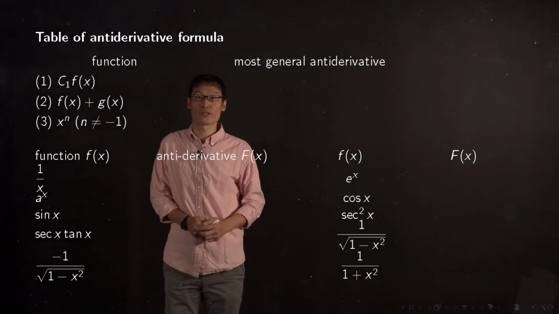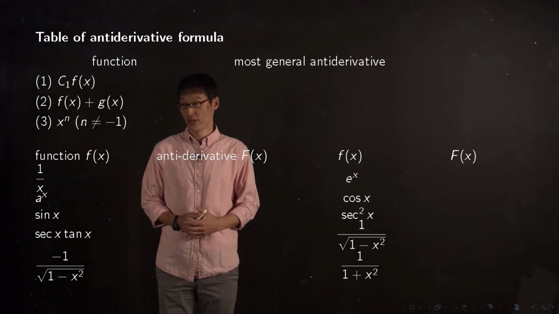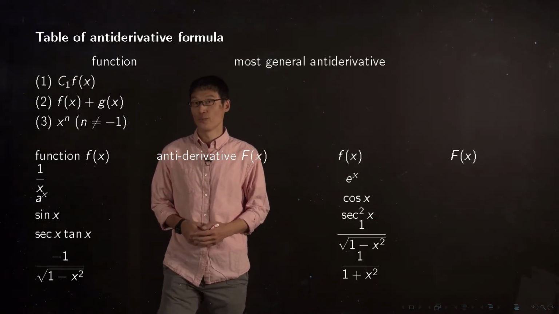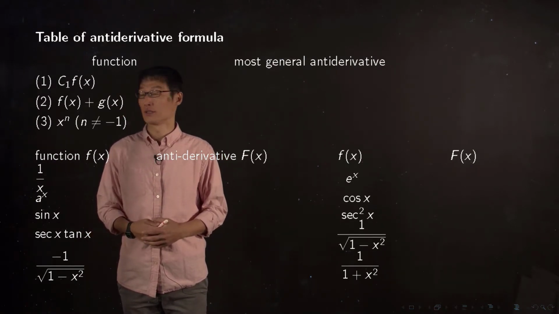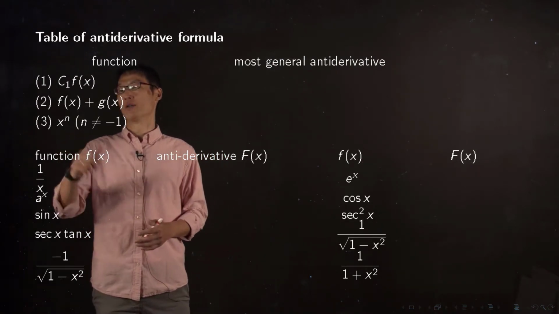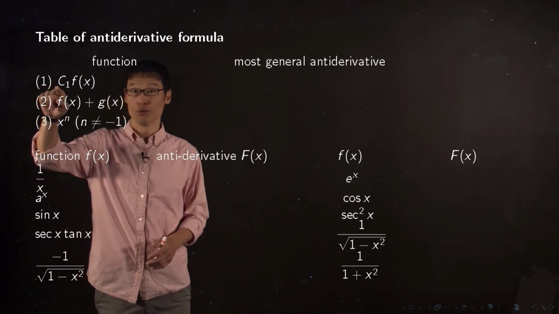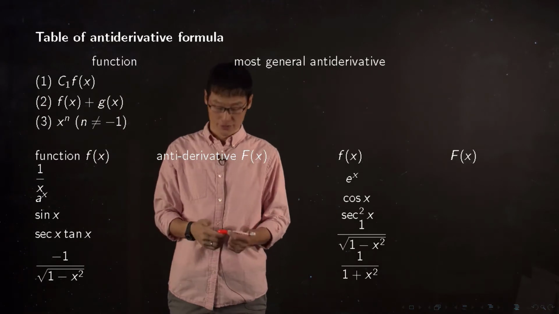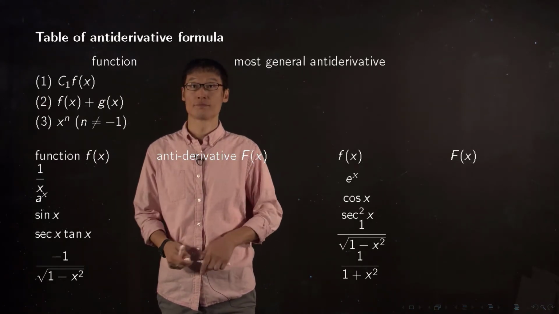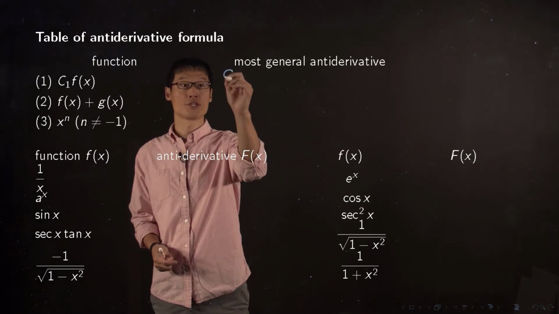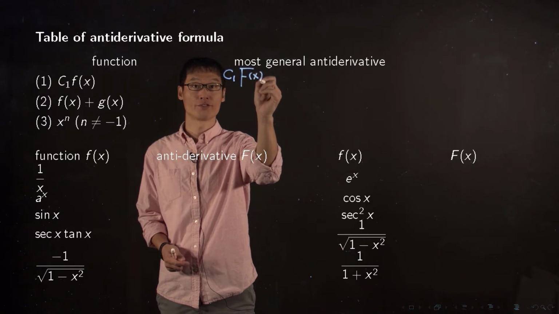So we have a nice useful table of antiderivative formulas. In the first part, we will discuss some general rules. Number one is antiderivative of scalar multiple is scalar multiple of antiderivative. So c1 and antiderivative of small f.